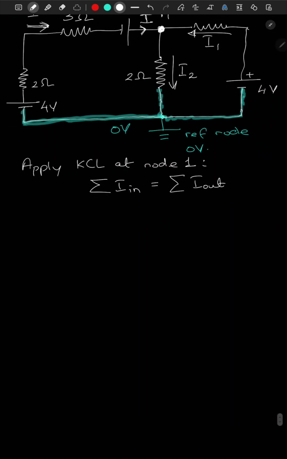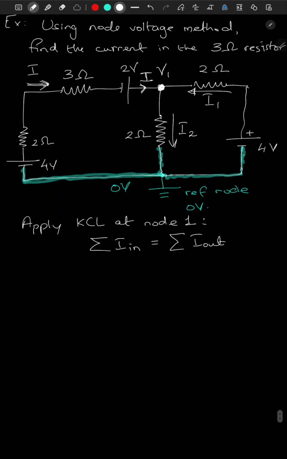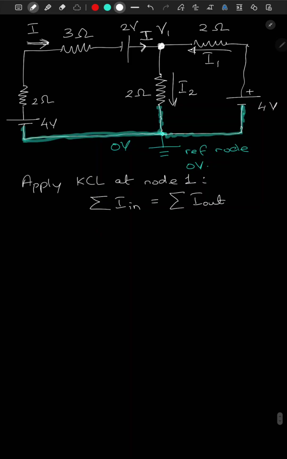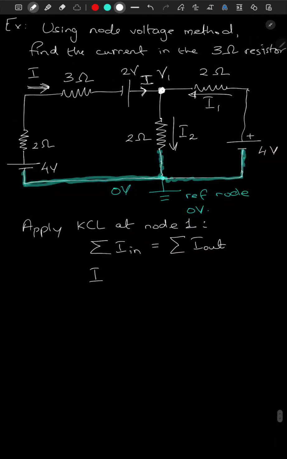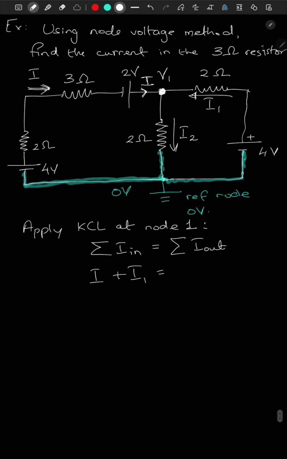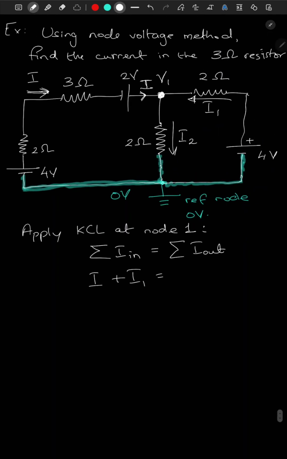The current entering the junction, the node at V1, is I plus I1. So I1 is entering and I is entering. The current leaving the node is I2. So the current out is I2.